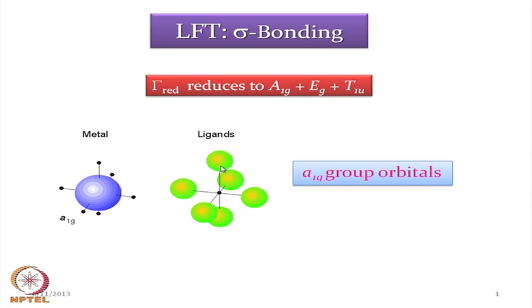This is the pictorial representation of the ligand group orbitals, which we can also consider as the SALC orbitals. They are available for 100% overlap with the metal orbitals, a typical head-on overlap, ending up with a sigma bonding interaction of A1g symmetry.